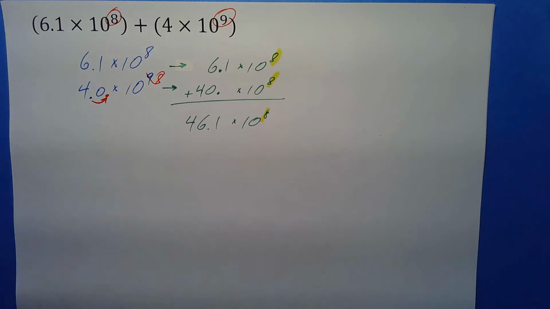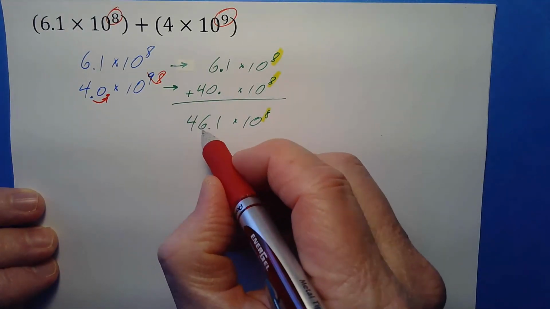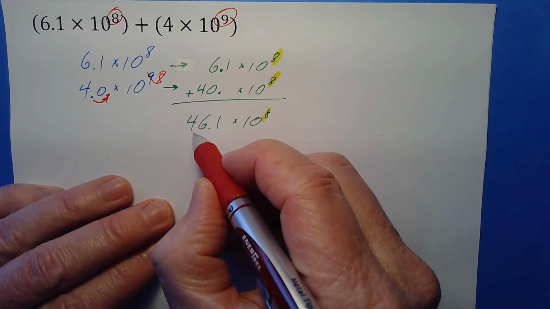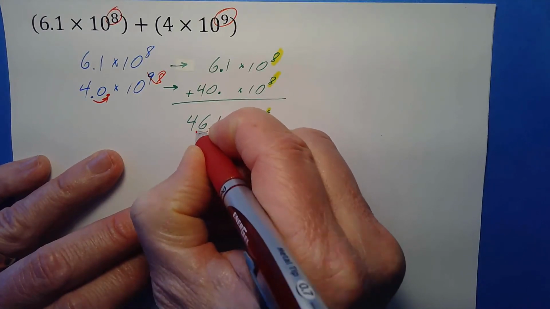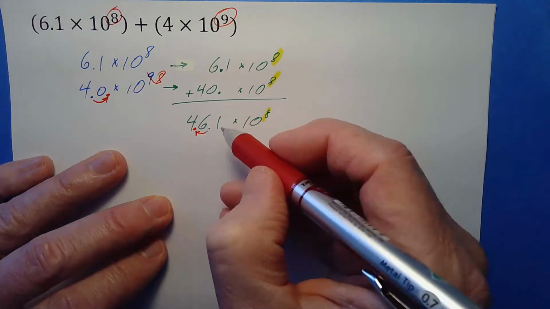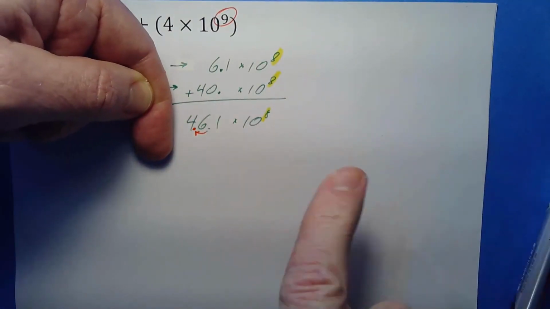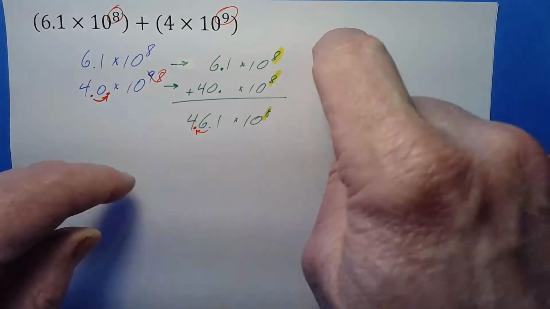Well, almost good, because this isn't scientific notation anymore, is it? This number is too big. I want the decimal point just on the other side of this 4. So I'm going to have to move it over there. But let's think, 46 to 4, that means it got smaller. If the coefficient's getting smaller, the exponent has to get bigger. You have to counterbalance. They have to do the opposite.